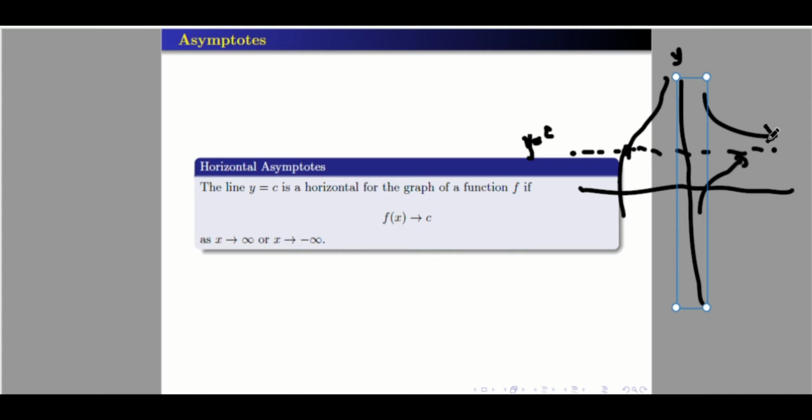So it will just approach the horizontal asymptote.